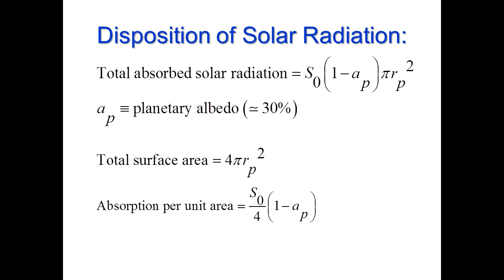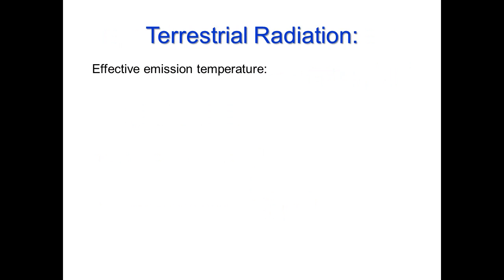And that means that the amount of radiation absorbed per unit surface area of the planet is the solar constant divided by 4 times 1 minus the planetary albedo. Now, the absorption is accomplished mostly by the surface, by some gases in the atmosphere, and by clouds and aerosols within it. What happens to that radiation once it's absorbed?